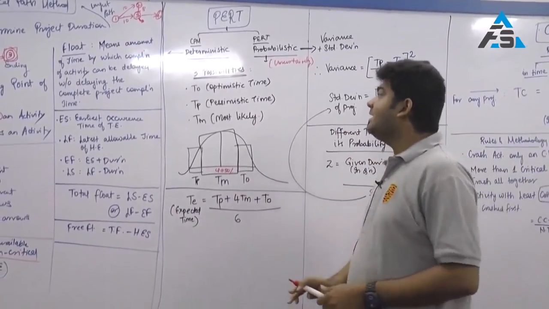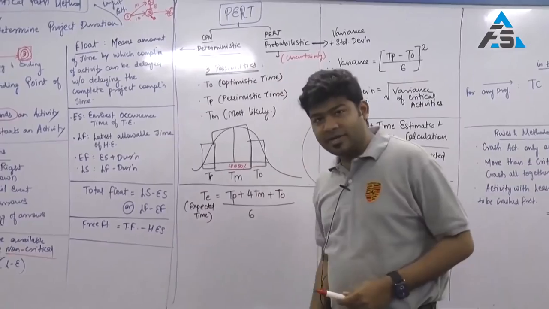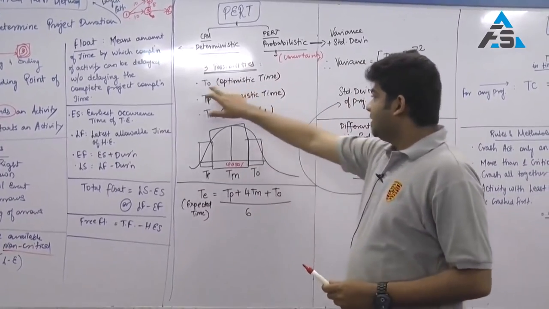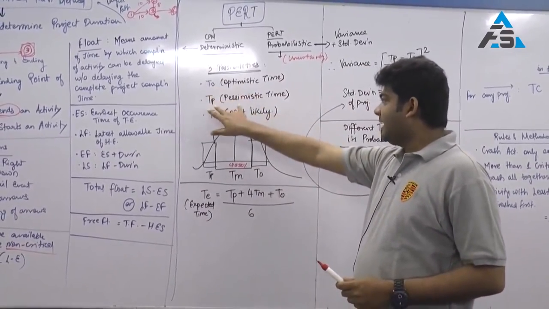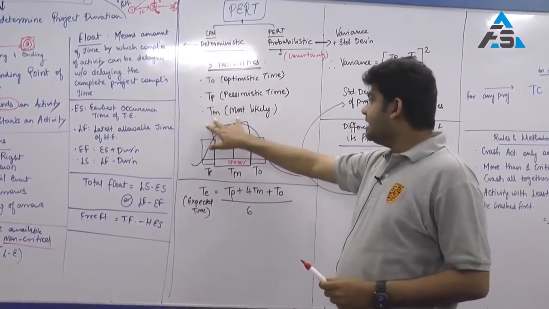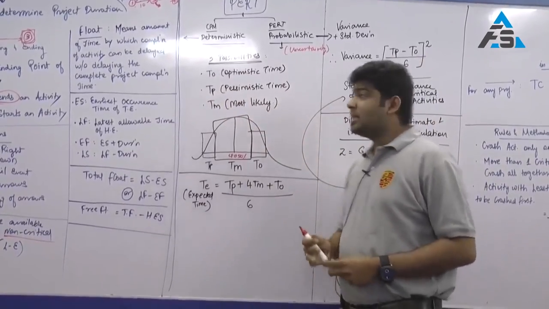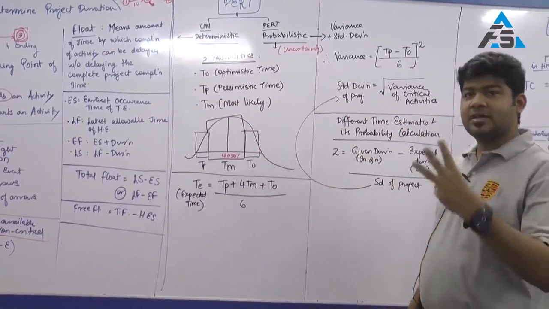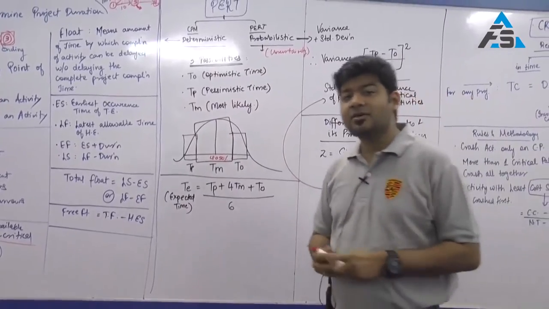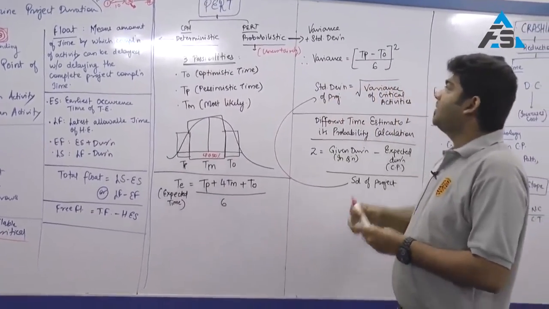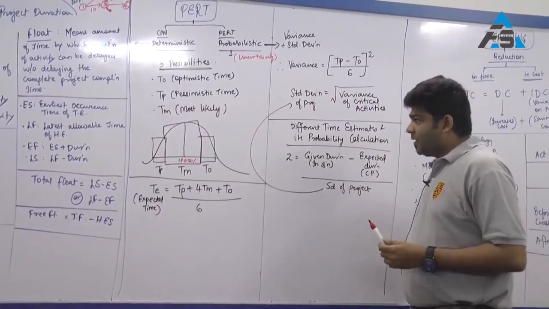How are those probabilities or possibilities calculated? Pay attention. There are 3: TO, optimistic time, TP, pessimistic time, TM, most likely. These are the 3 possibilities that are included as part and parcel of PERT.